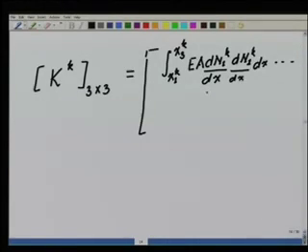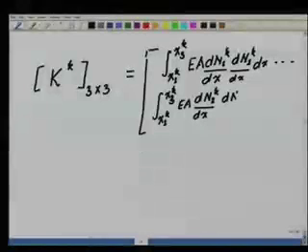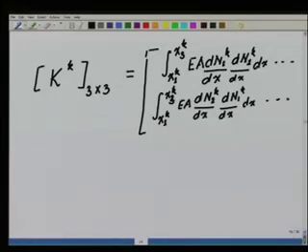And similarly, if I come to the second row, it will be the integral x1k to x3k of EA d n2k dx d n1k dx and so on. And the third row will have the integral x1k to x3k of EA d n3k dx d n1k dx. You see the limits of the integration are from one extremity of the element to the other extremity of the element.